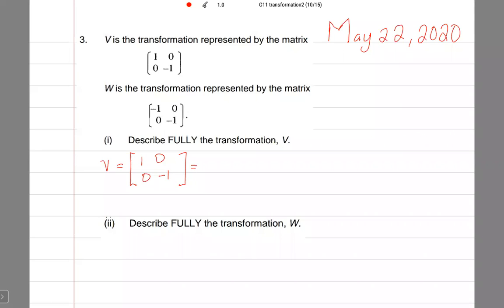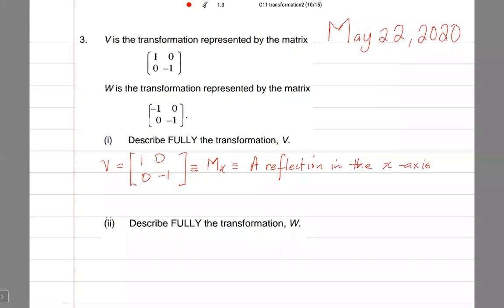So V is actually Mx, all right, which is a reflection in the x-axis.